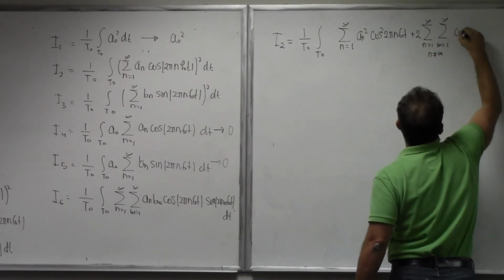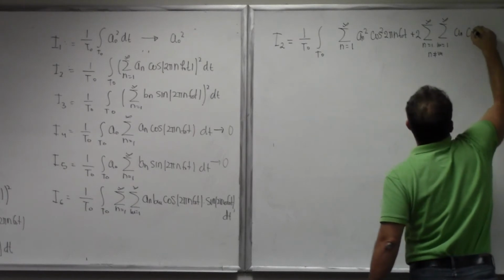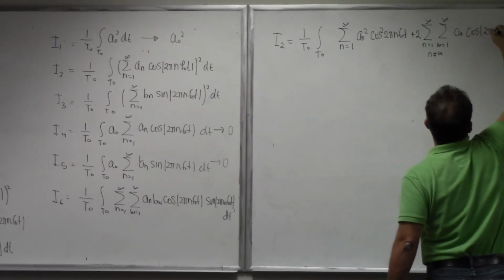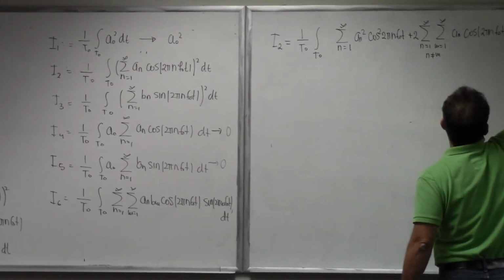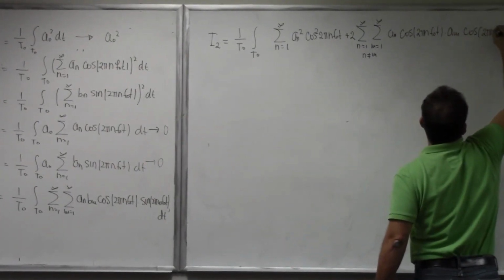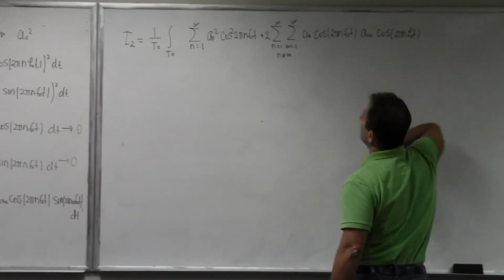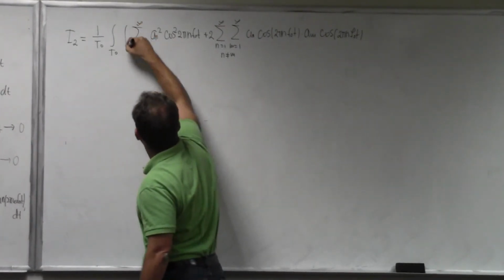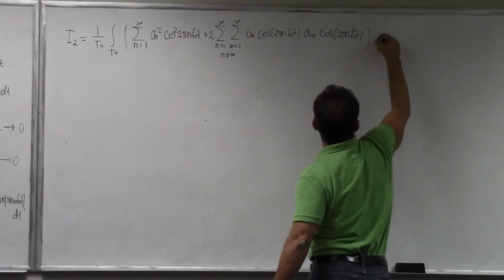And then an cosine 2 pi n f0 t times am cosine 2 pi m f0 t. And then I have to do dt. Right?